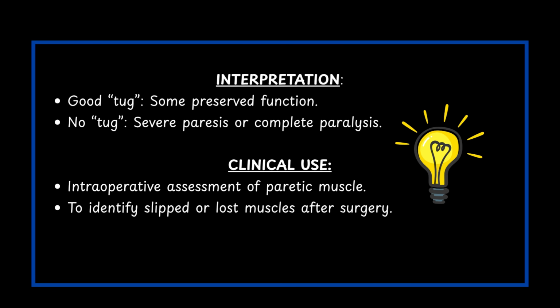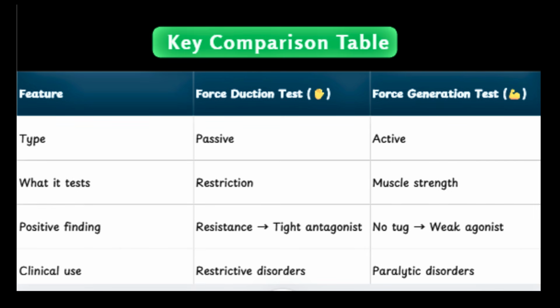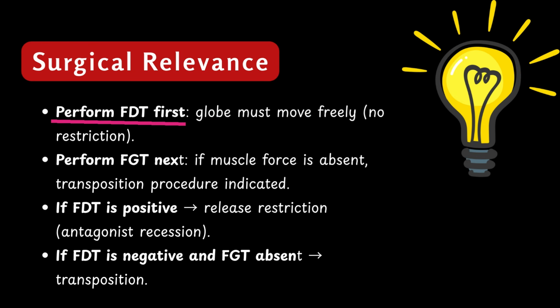So this makes the forced generation test a very useful test intraoperatively, especially for assessing paralyzed or slipped muscles or lost muscles as well. So remember, the forced duction test is a passive test, the forced generation test is an active test. Together they can help you decide your surgical plan as well. You always perform the forced duction test first.